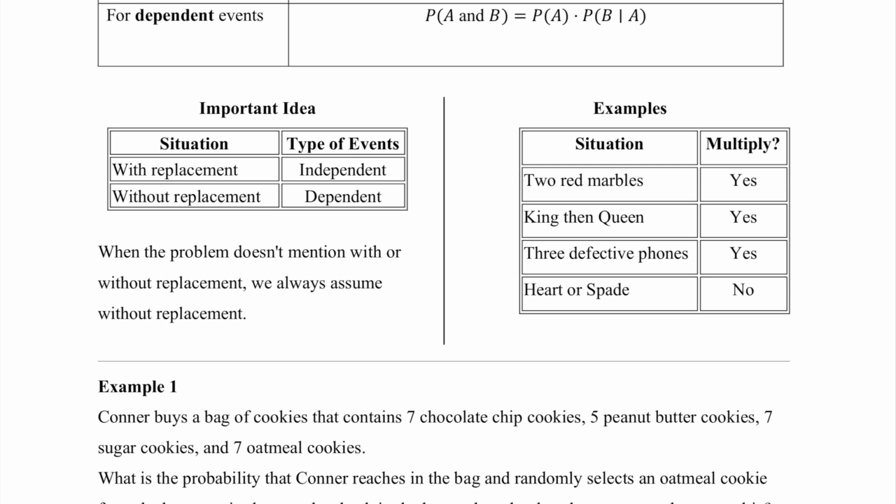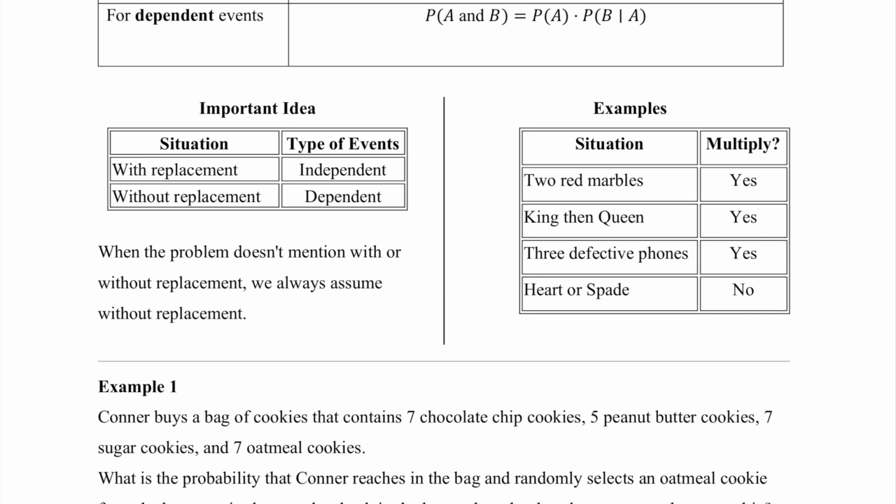Next, consider drawing a king and then drawing a queen. Should we multiply? Yes. The key word here is then. We need both events to happen in a specific order. Now, let's look at this situation. Three defective phones. Should we multiply? Yes.